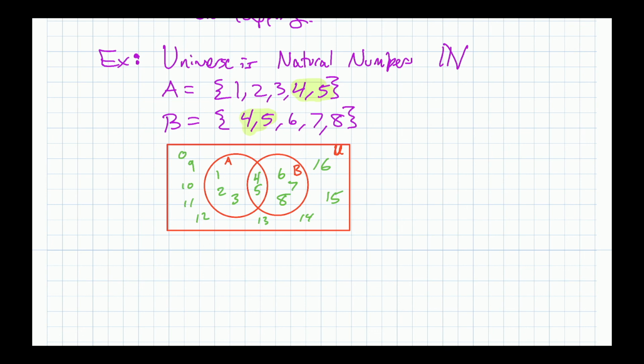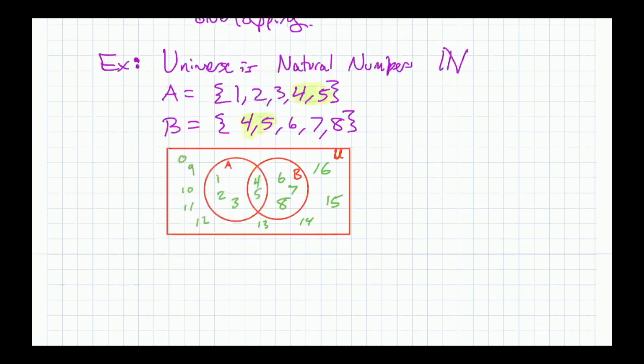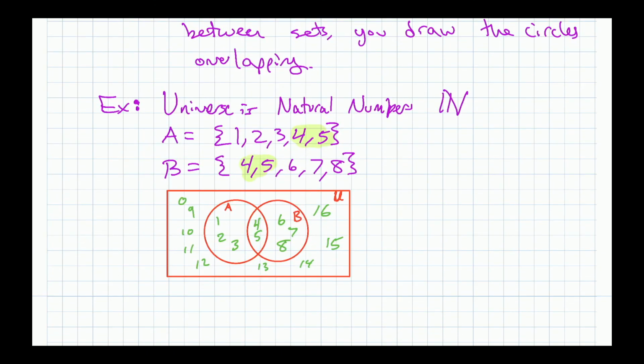They're not part of A and B, so you don't draw them inside of A and B. All right, and that's a Venn diagram. So there you go. Not a lot to say about it.